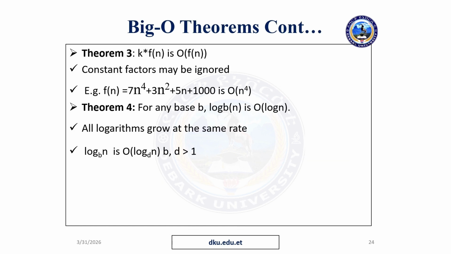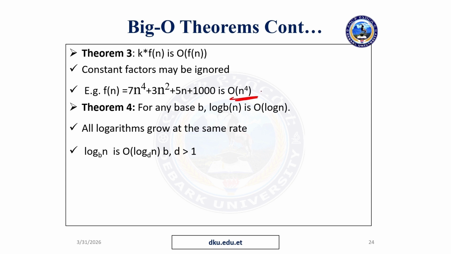Theorem 3: k times f of n is big O of f of n. Constant factors may be ignored. They are not considered if there is a constant. For example, 7n to the power of 4 plus 3n squared plus 5n plus 1000 is big O of n to the power of 4.